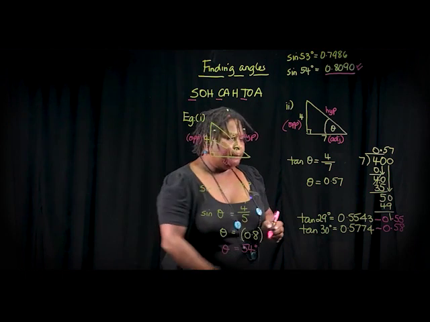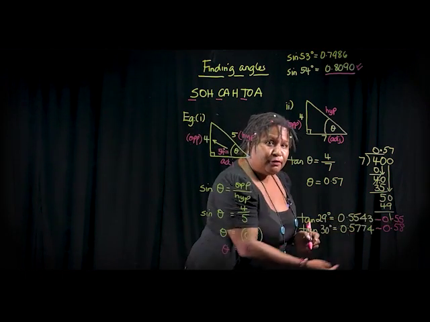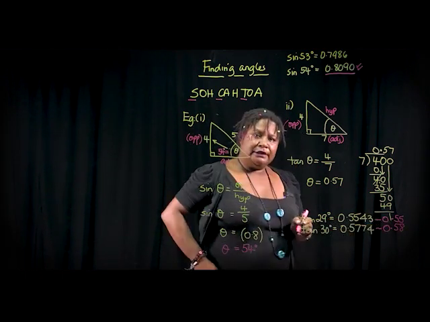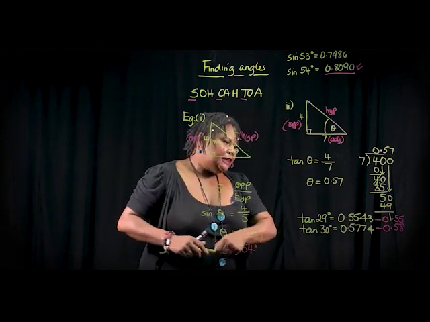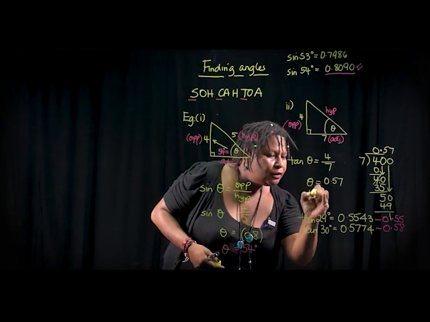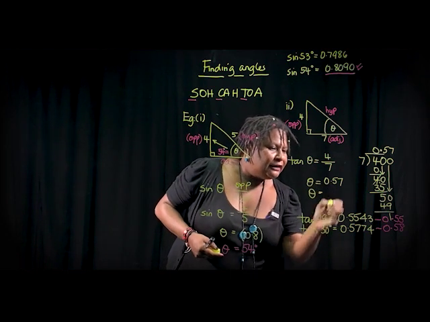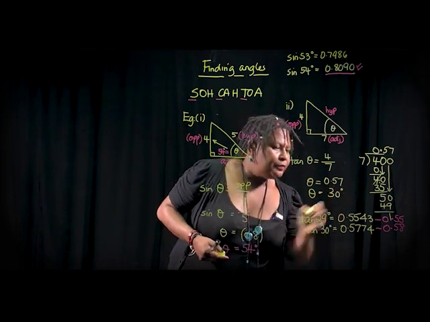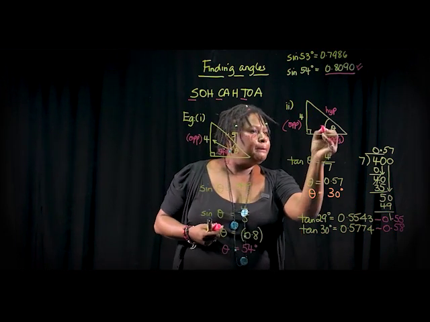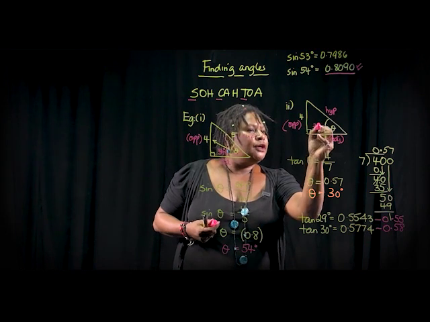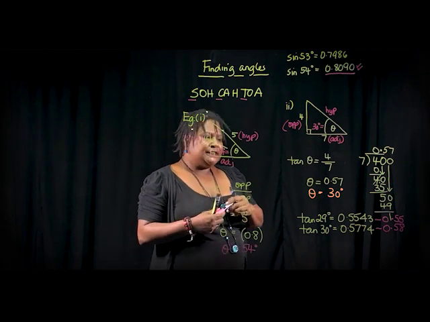Which is closer, 0.55 or 0.58? Okay, I think this is obvious. Theta would be 30 degrees. Okay, 30 degrees. So this angle here is equal to 30 degrees.